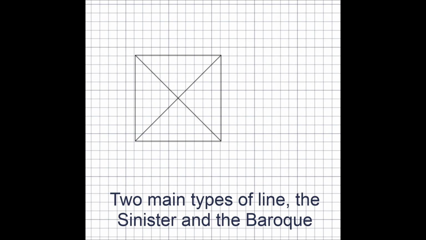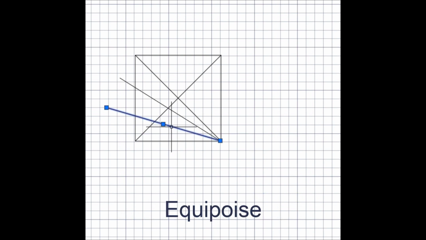And if we start moving to the left, we have a sinister spiral. That creates tension. And the Baroque with the sinister creates a sort of harmony.